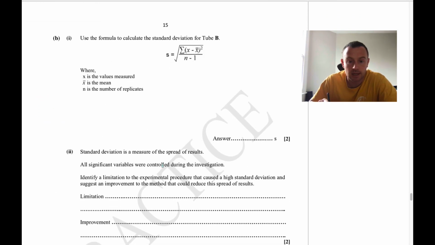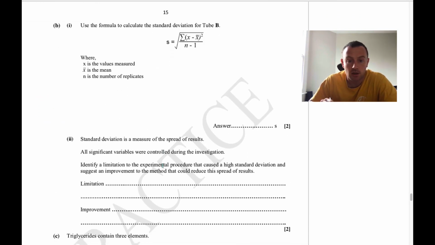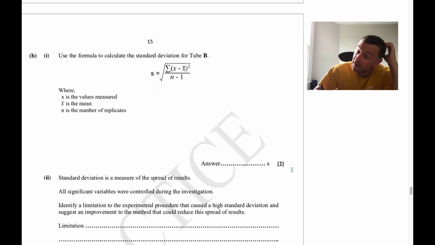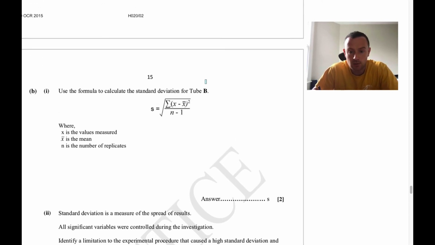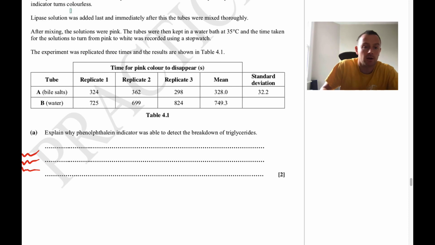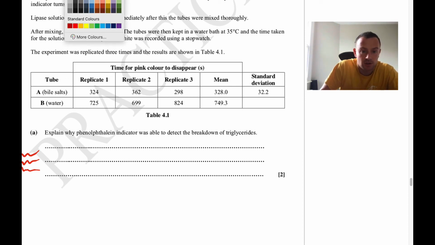Okay, now we've got to do a standard deviation calculation. This standard deviation calculation will give the formula: it's the sum of x, which is the value measured, minus x bar, which is the mean, all squared, over n minus 1. Now, I'd probably go up here and actually use this space.